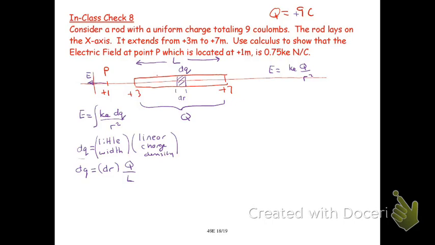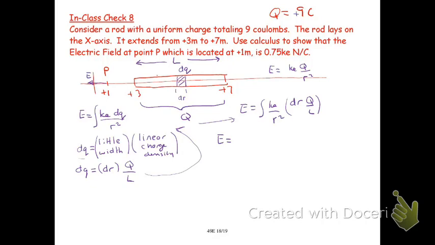So now I substitute this up here. I get E is equal to the integral of Ke over R squared, and then rather than having dq, I put down dr Q over L. Then let's take out all the constants.